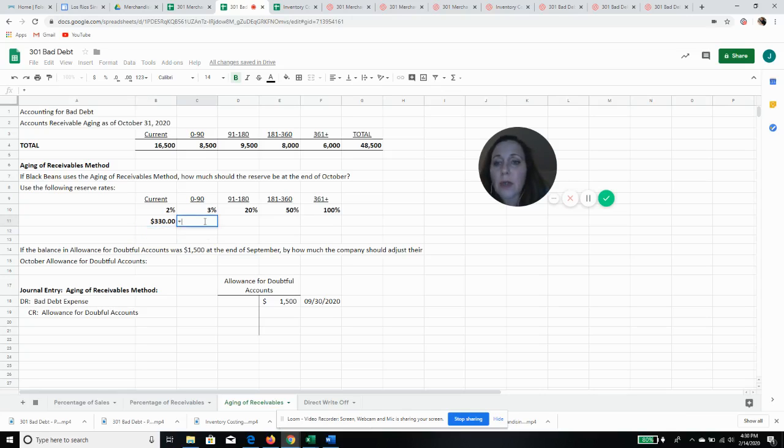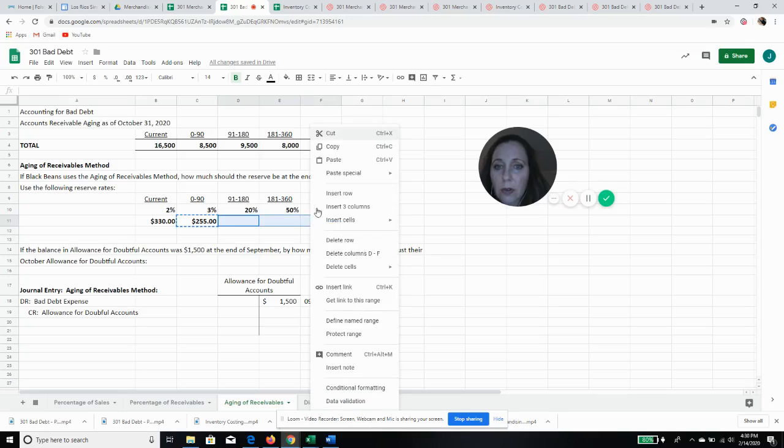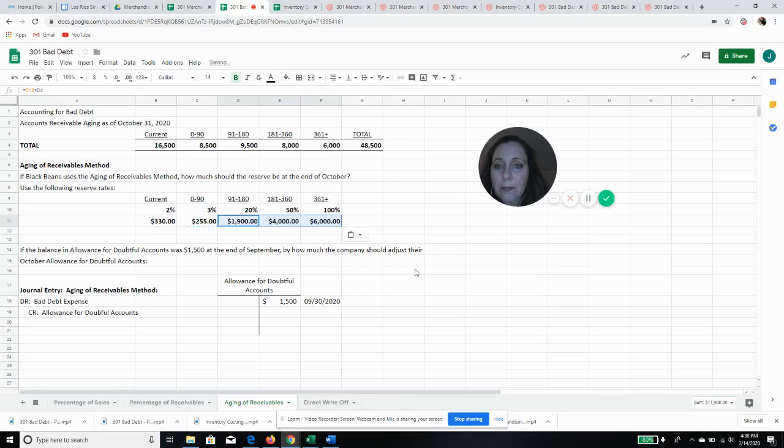We're going to go ahead and do that for each of our aging buckets. In fact, I think I can probably just copy my formula and paste it over. Okay, so this is the amount we're going to reserve for each bucket. Now, we're not going to keep a separate allowance for doubtful accounts for each bucket, because the administrative hassle of that is getting us more precise than we need to be.